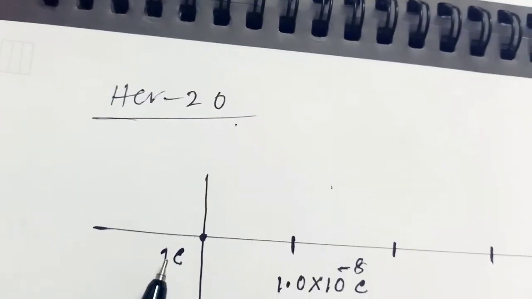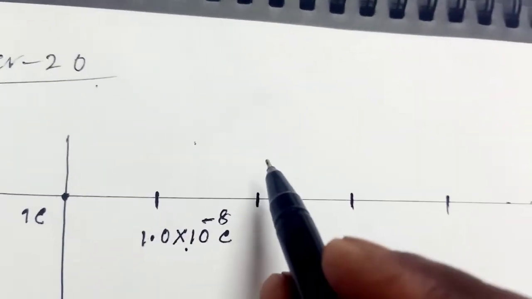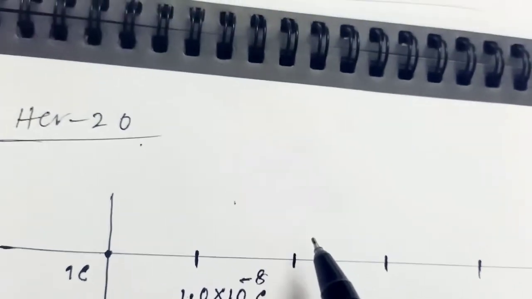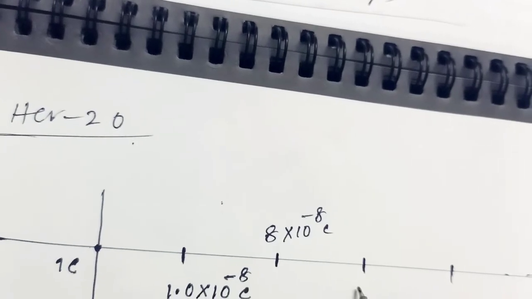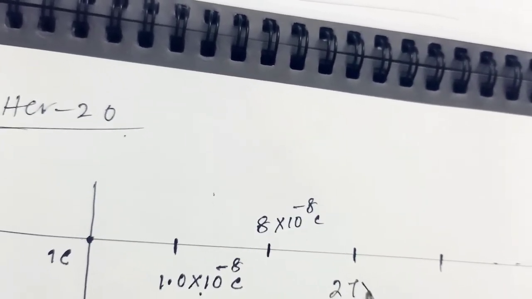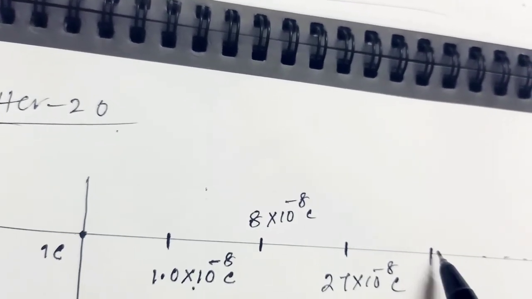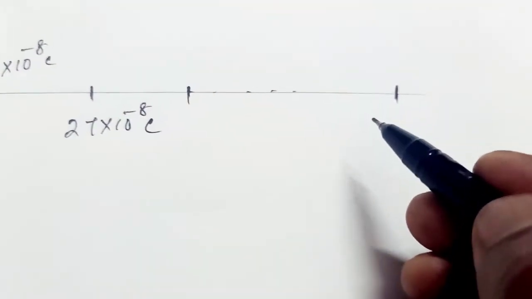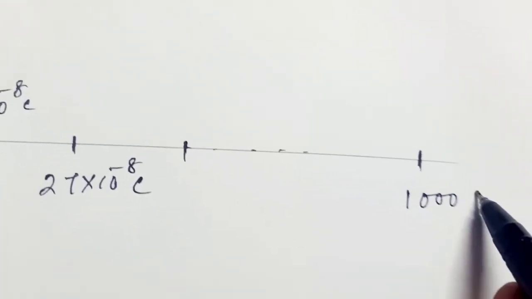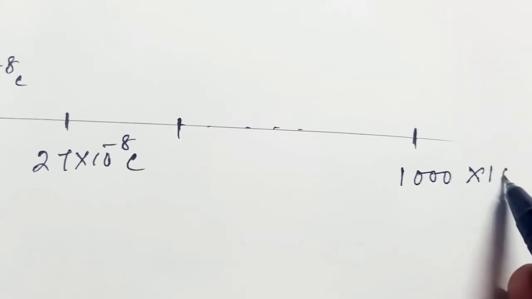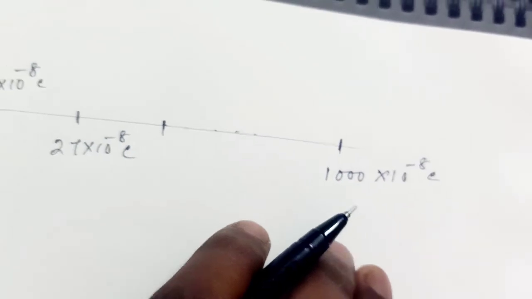So 1 coulomb is charged at the origin, and there is a charge 1.0 into 10 to the minus 8 coulomb here, the next one is 8 into 10 to the power minus 8 coulomb, then 27 into 10 to the power minus 8 coulomb, and the last one is 1000 into 10 to the power minus 8 coulomb.